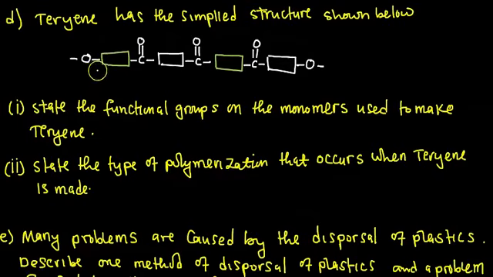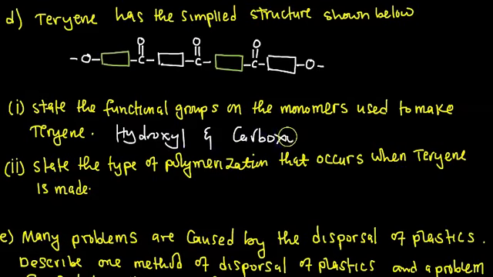Question D: terylene has the simplified structure as shown below. State the functional group of the monomer used to make terylene. So the functional groups used are the hydroxyl and carboxyl.